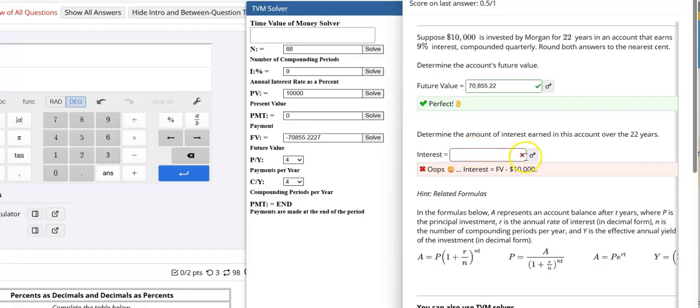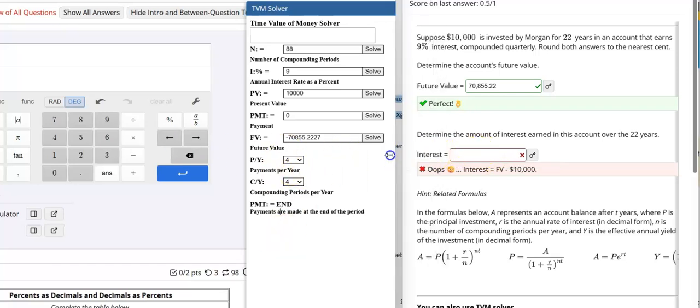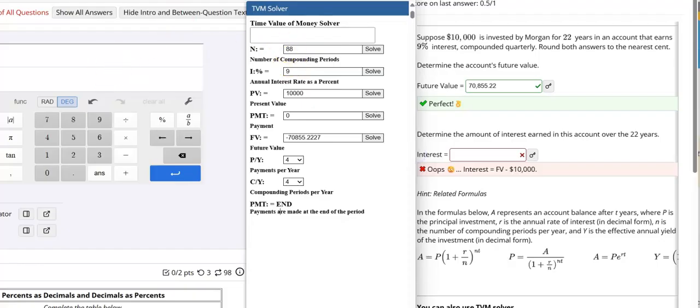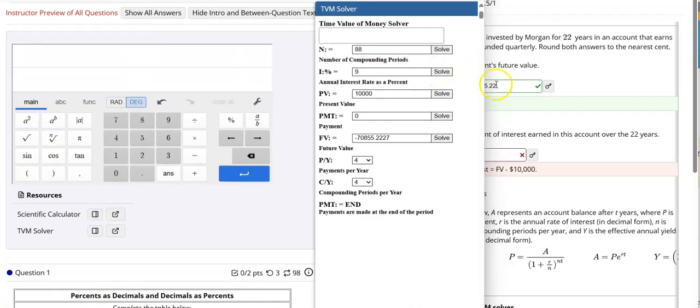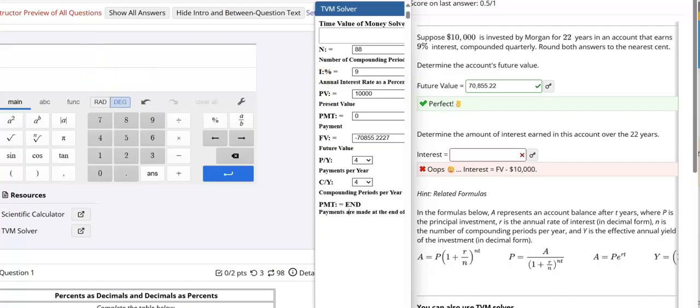Now the other question here is wrong, because you didn't put the interest here. So how do you find the interest? Interest is calculated by subtracting the present value from the future value. The future value is $70,855.22 minus 10,000.